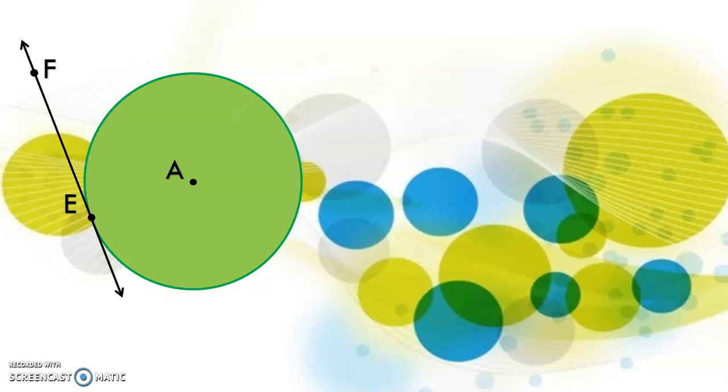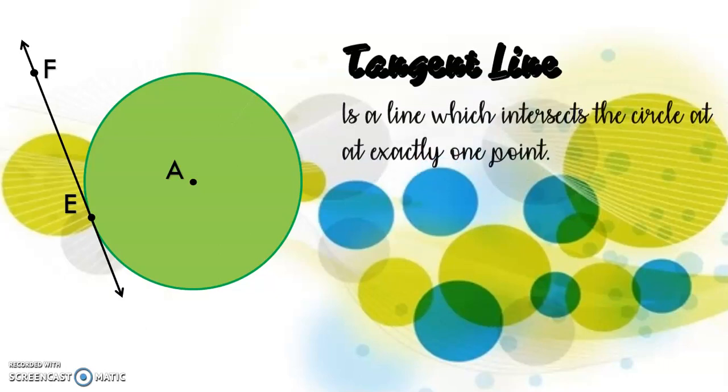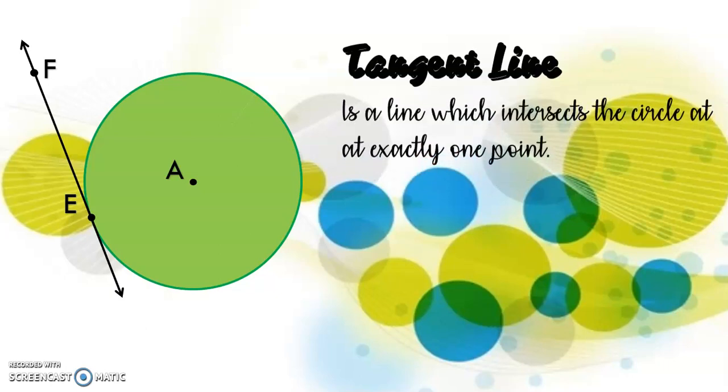This time, the line is at the exterior of the circle, but this line intersects the circle at 1 point. So this line is known as the tangent line. A tangent line is a line which intersects the circle at exactly 1 point.